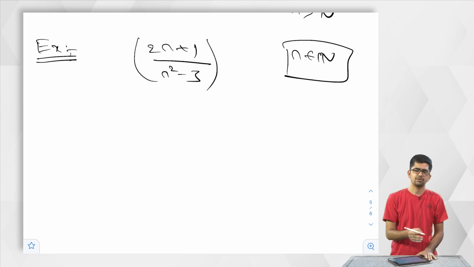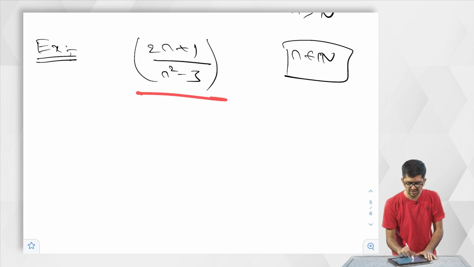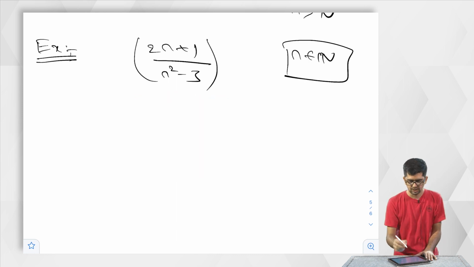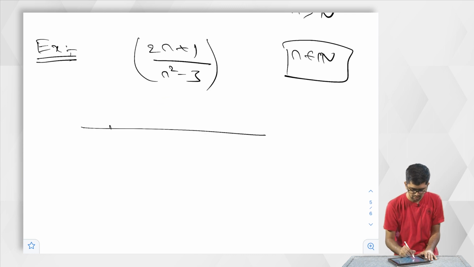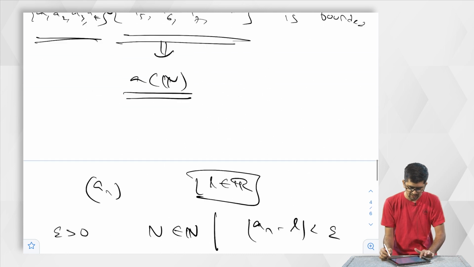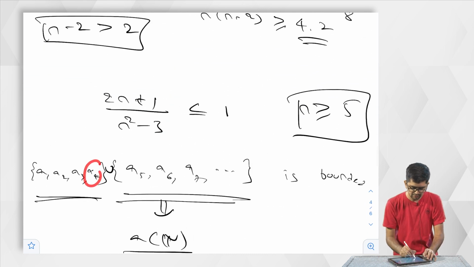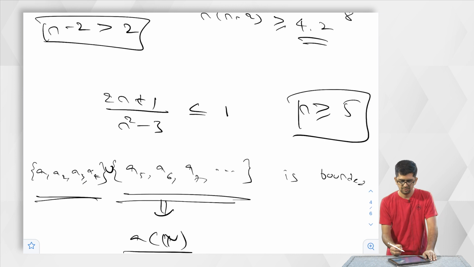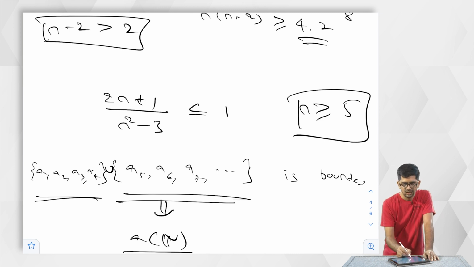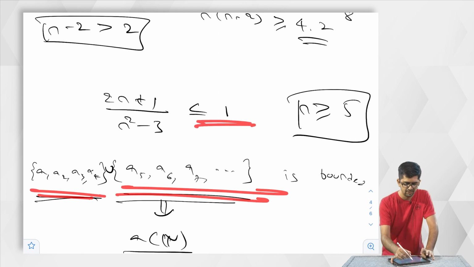Except the first 3-4 elements, all these elements are in between 0 and 1. Right, that is what you have seen here. Maybe this 4 also can come here, but anyways, except the first few elements, everything is less than 1.